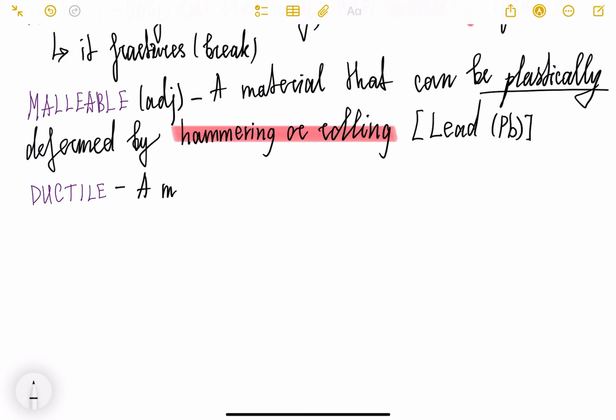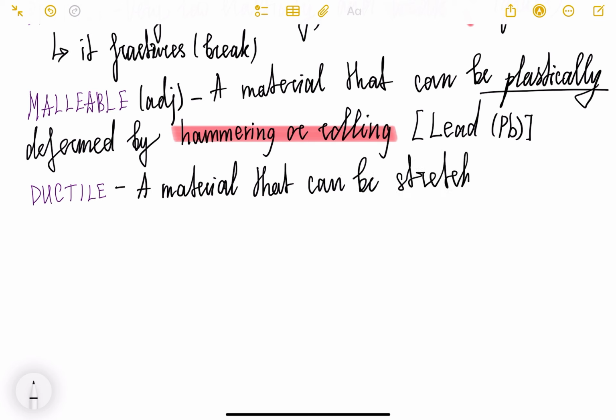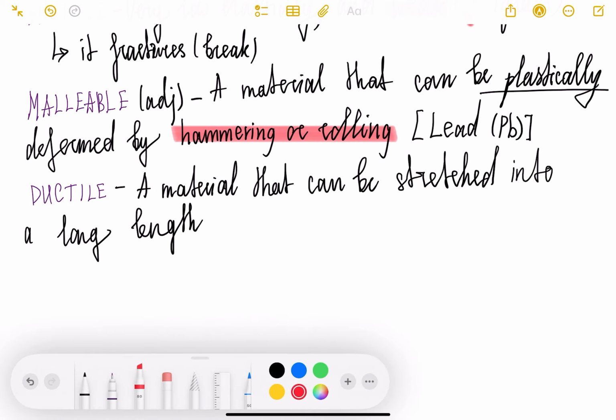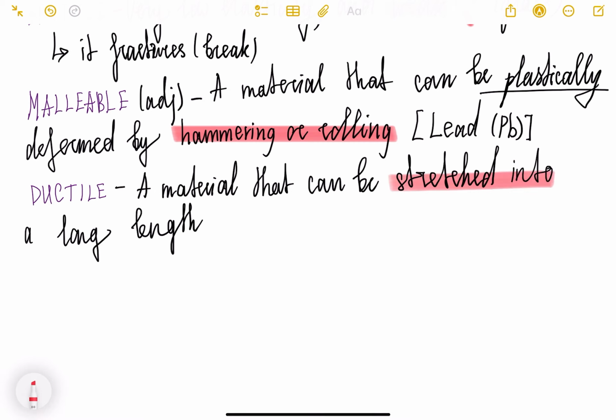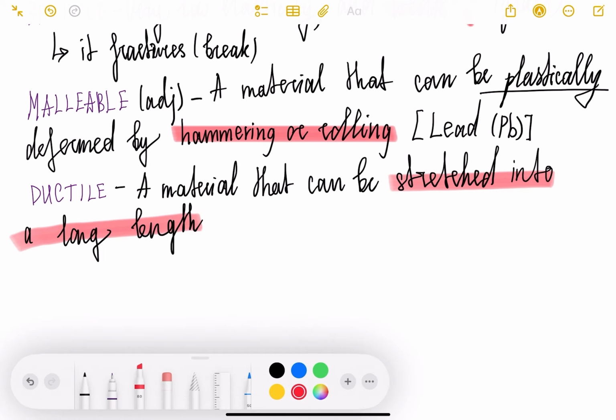A material that can be stretched, so you can use the words drawn out into a long length. These are important words.